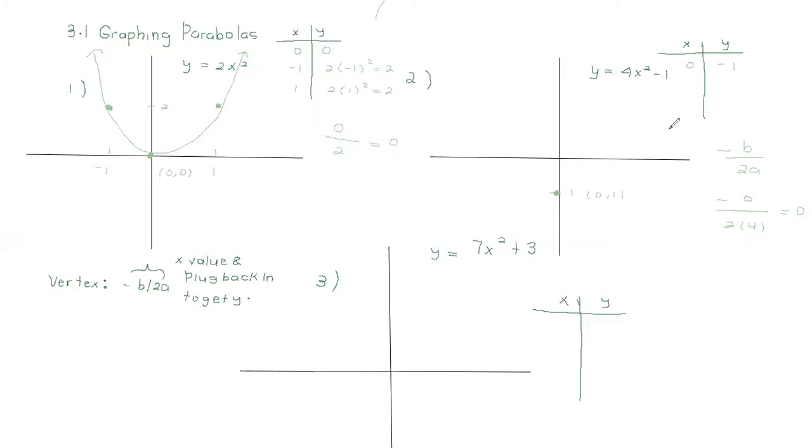The next step is to plug in an x value that is to the left of the parabola and then an x value that is to the right of the parabola. So for this question, we're going to do negative 1 and 1. If we plug in negative 1 for x into the equation, we get 3.